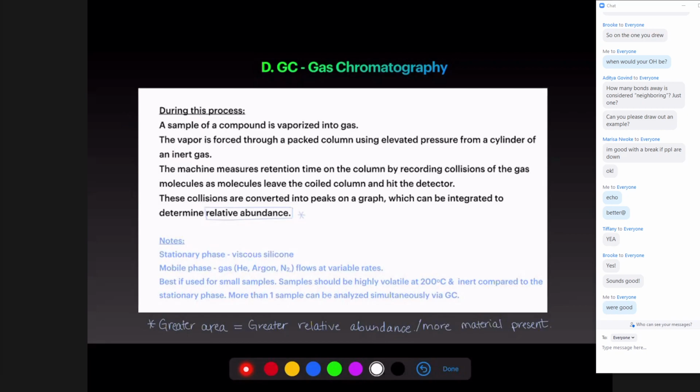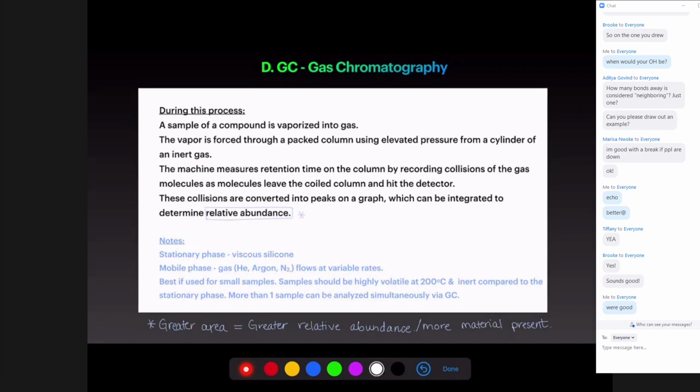The machine measures retention time on the column by recording collisions of the gas molecules as molecules leave the coiled column and hit the detector. These collisions are converted into peaks on a graph, which can be integrated to determine relative abundance. And your relative abundance is going to be your key for your data from your GC.